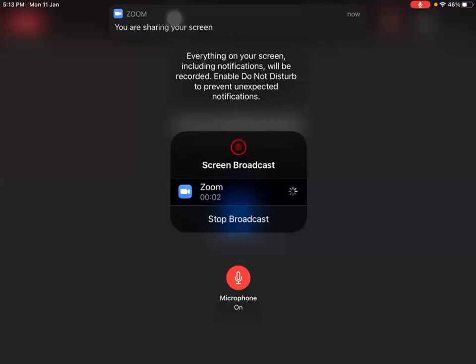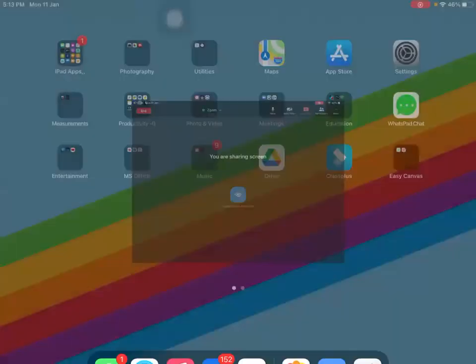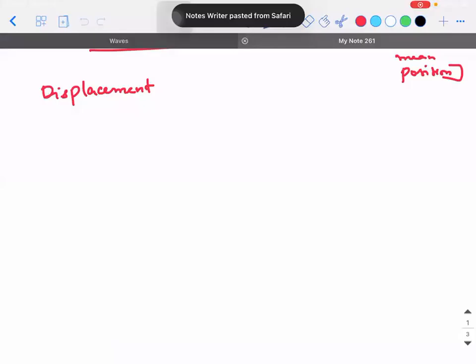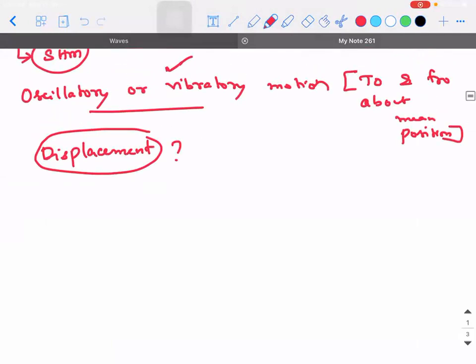Did the particle in SHM have displacement associated with it? Is the answer yes or no? If I'm putting a question like this, did the oscillatory particle have displacement associated with it?